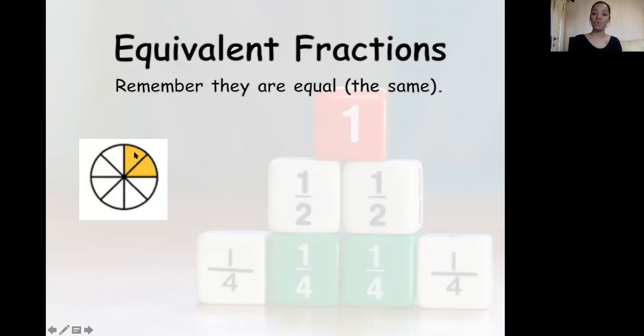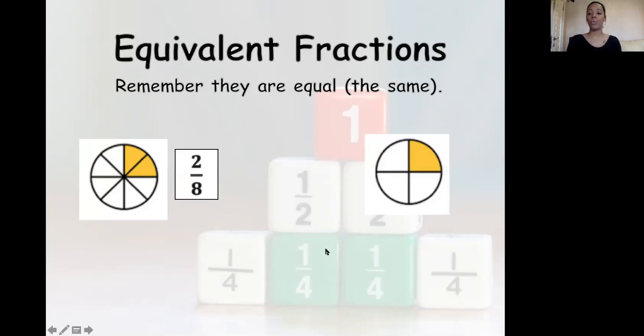And then we have 2 shaded or colored pieces, okay? Making it 2 8s, all right? Very good. Let's look at the equivalent fraction for 2 8s. We have a circle fraction, again, cut into 4 equal pieces, and 1 big piece is colored, okay? And now just looking at it, we know that there's 4, so it must be 1/4.